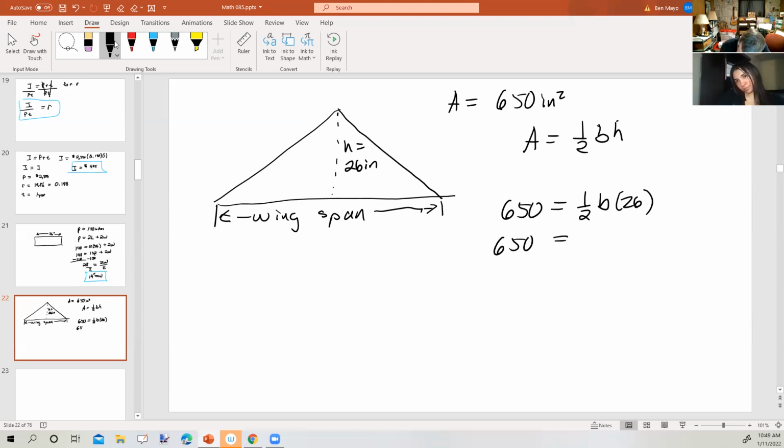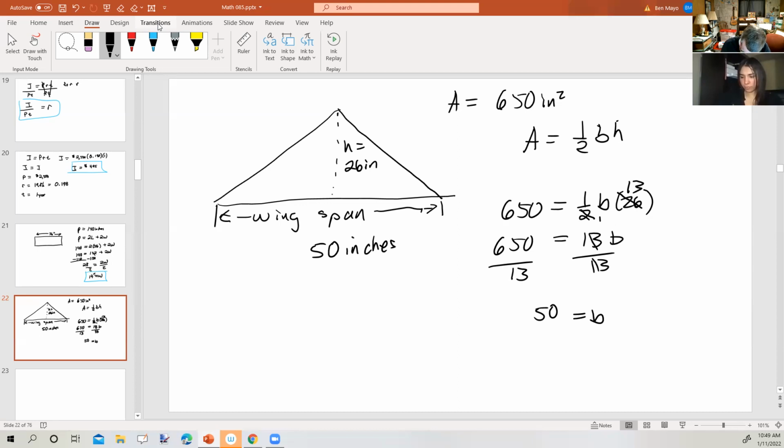On the right side of the equation, I can reduce the 26 over 2 to 13 over 1, and I get 13b. Any questions there? Dividing both sides by 13, let's see, if we take 650 divided by 13, we get 50. So the wingspan would be 50 inches.